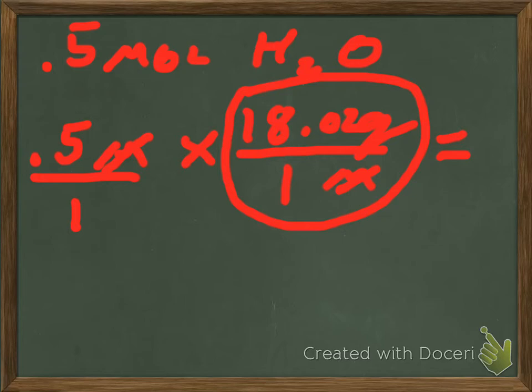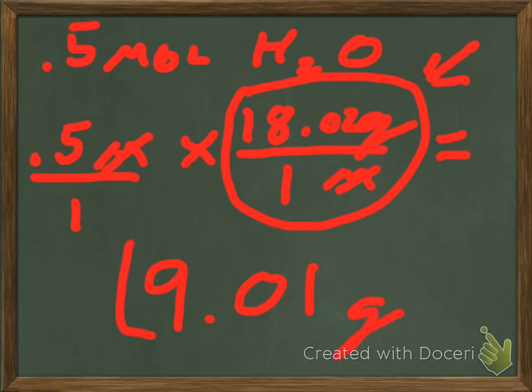It could be a molecule that's more complex. It doesn't matter. What goes here always is the molar mass, which you're going to get off the periodic table. So if I do my math here, I'm going to end up with 9.01, and again, this is grams, is what I want to know. And so that would be my answer to this particular equation.